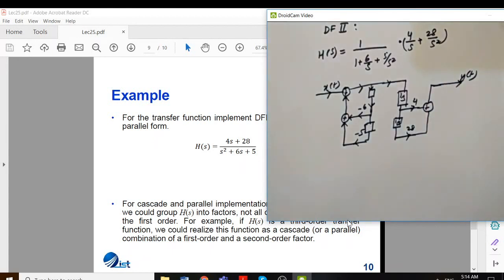So so far this is how the diagram looks.